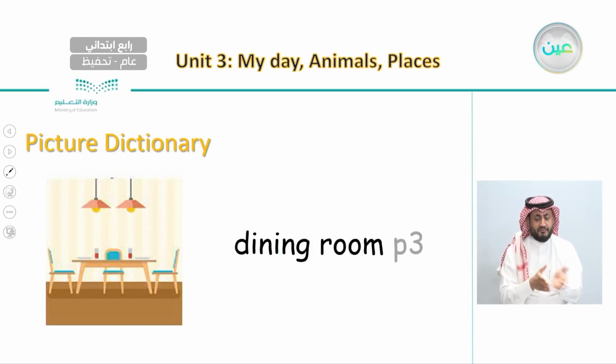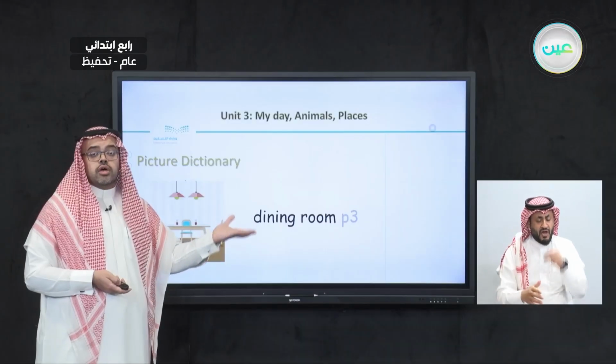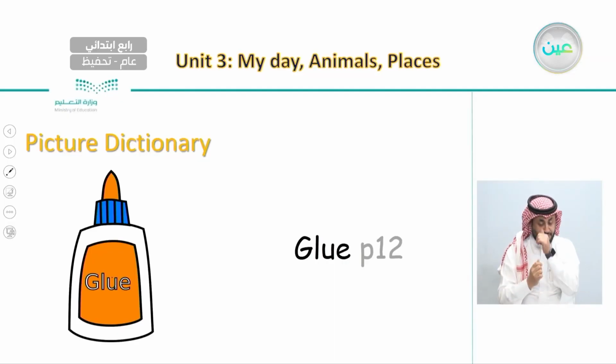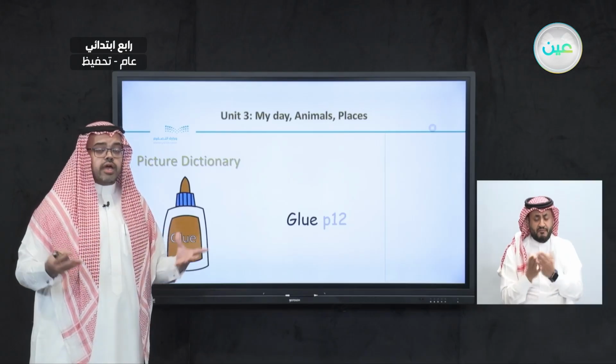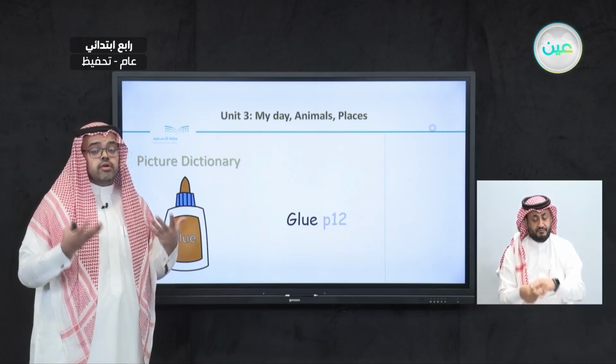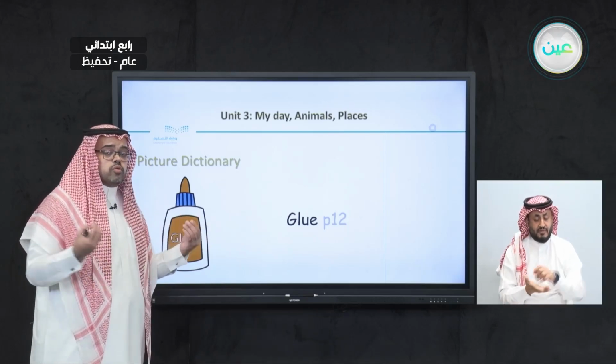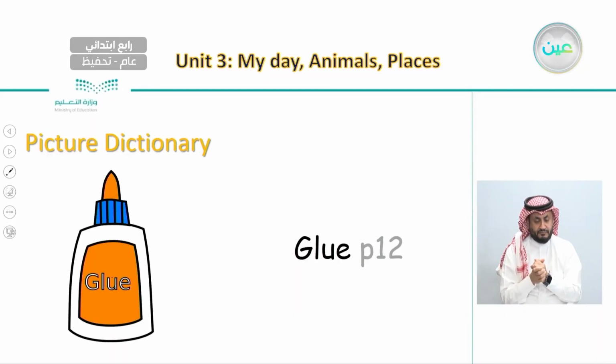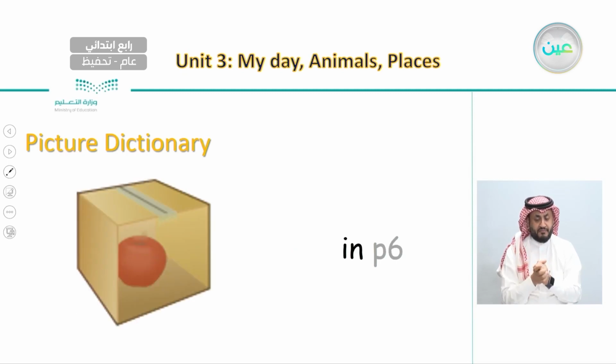Another room we learned about is the dining room, where we have lunch and eat meals. Then we have the word glue, which we use when we want to make crafts with papers and scissors. We need glue to stick these papers together to make beautiful shapes. This word can be seen on page 12.